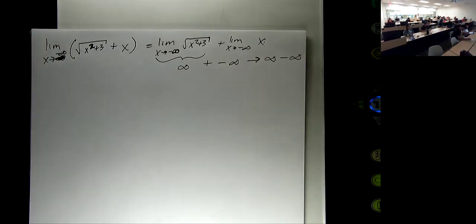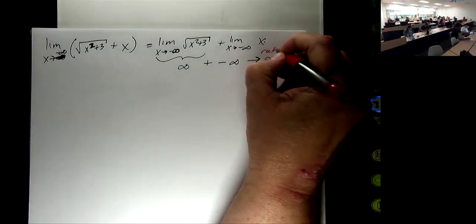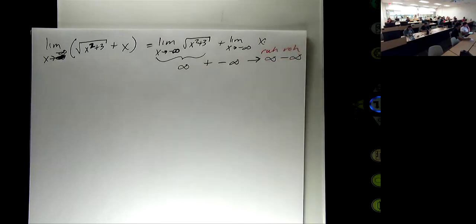And you may be inclined to say anything minus itself is 0, but that doesn't apply to infinities because some things are going to infinity faster than others, so it might be a bigger infinity. Which seems weird, but infinity is not really a number, it's a concept. So this is like an uh-oh situation, or Scooby-Doo style ruh-roh. I like ruh-roh, that's bad. So what can we do about this?